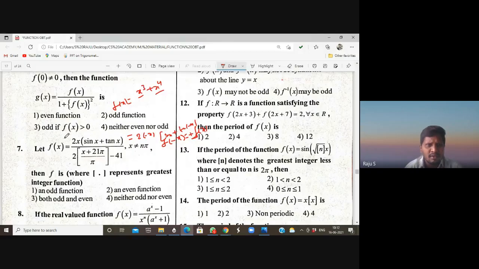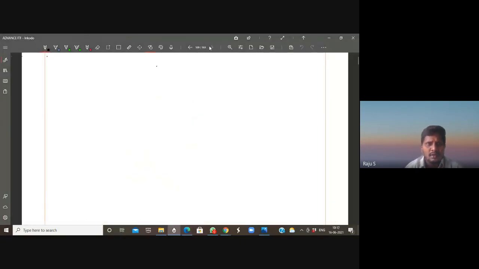So the final numerator is 2 times of 2 will be there. I will write: 2 times of minus into minus plus.